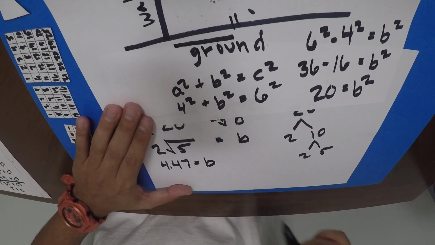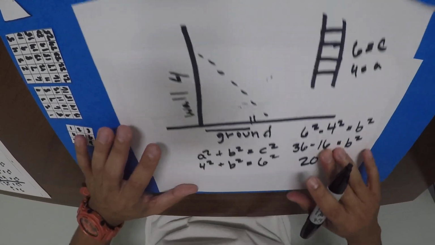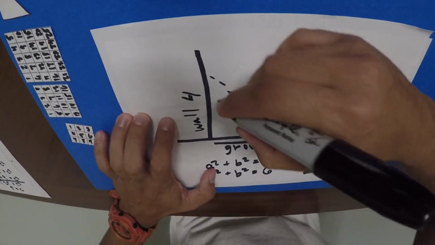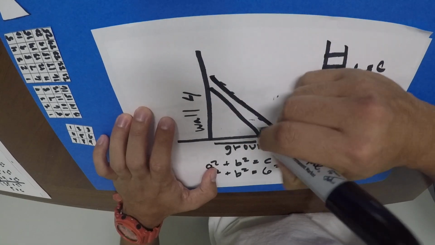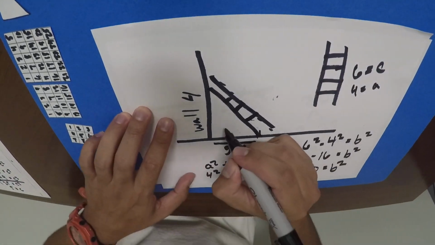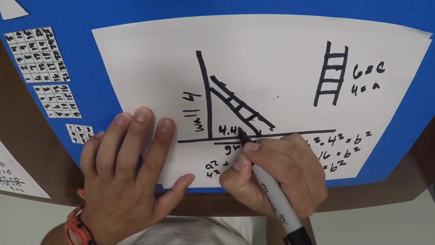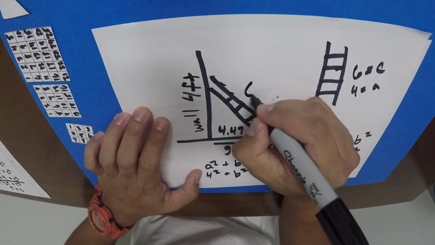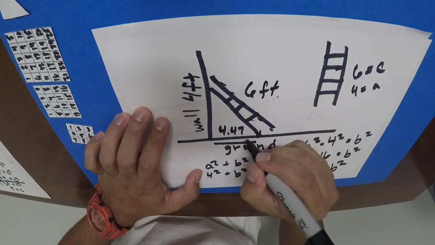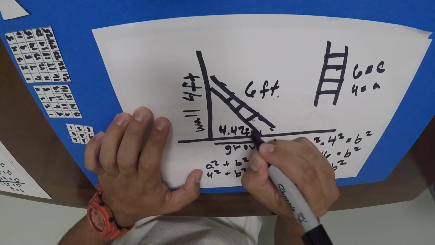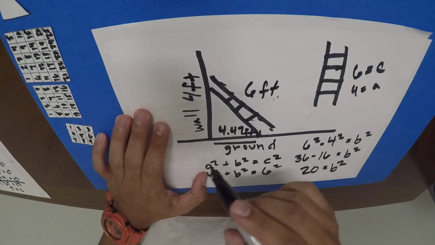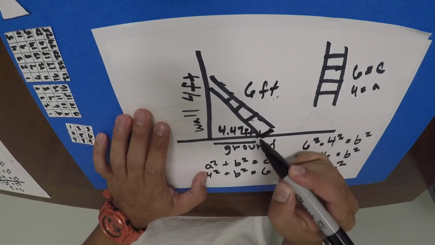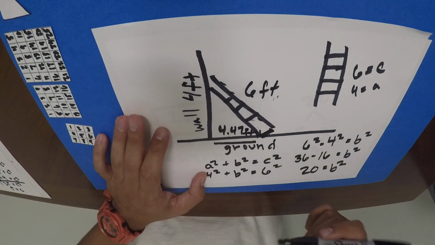So B equals 4.47. So now we know the ladder, we'll make these feet, and the ladder was 6 feet. So it should be 4.47 feet away from the wall. The legs of the ladder should be 4.47 feet away from the wall.